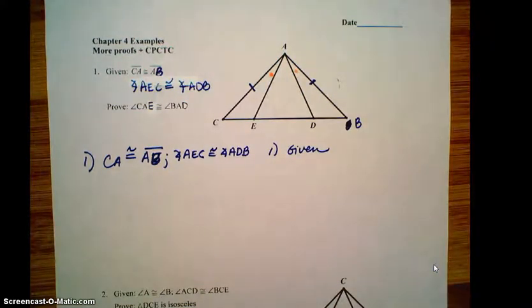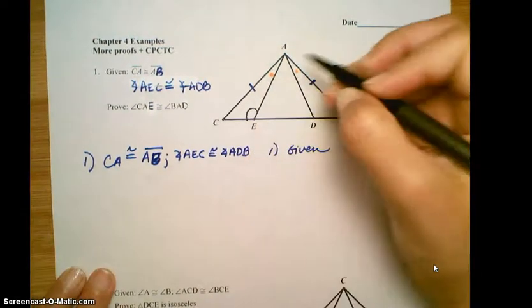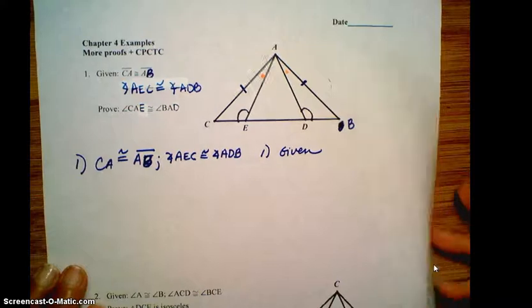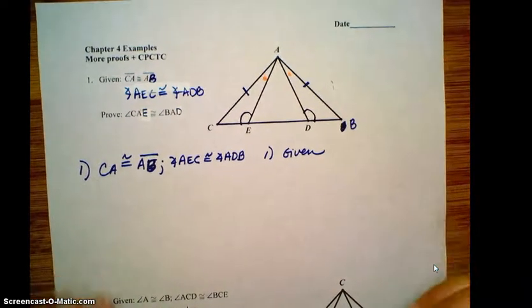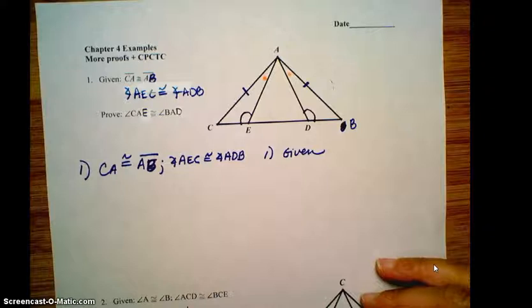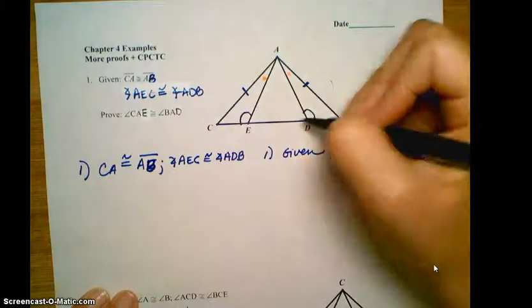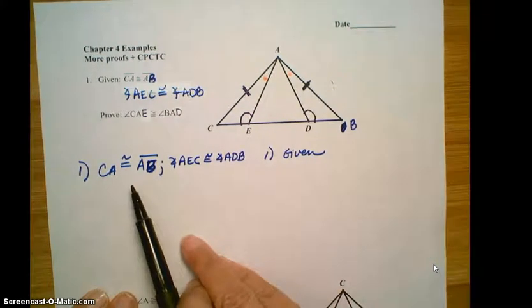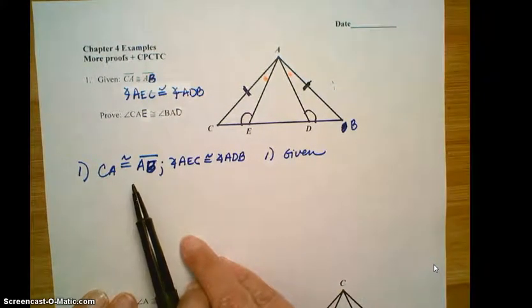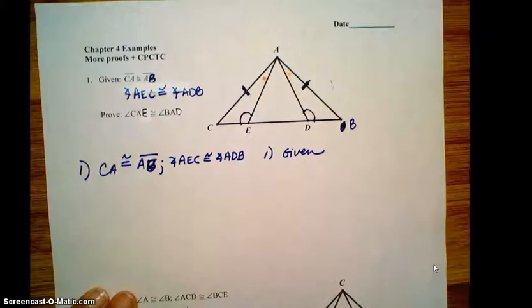So what you're going to do is mark your picture, which we didn't finish doing, AEC congruent to ADB. Now we look at your givens and ask, what does that given do for me? So I have this big triangle. It has two sides equal. That's the first given. Anytime a triangle has two sides equal, the angles opposite those sides are also congruent.